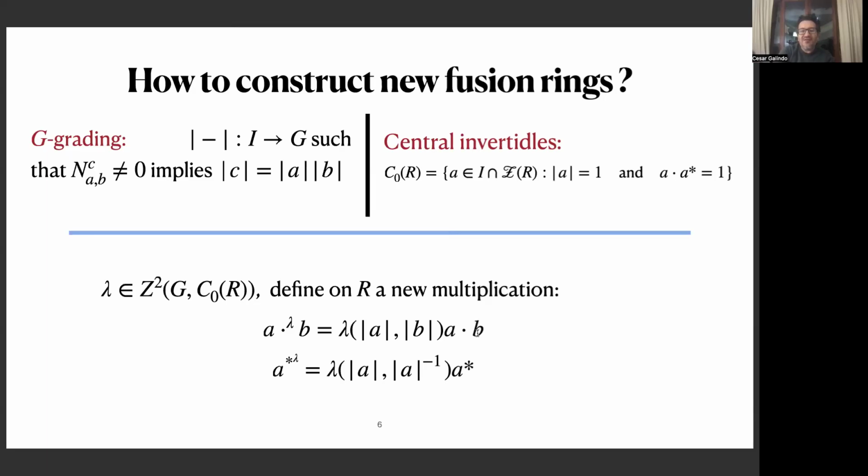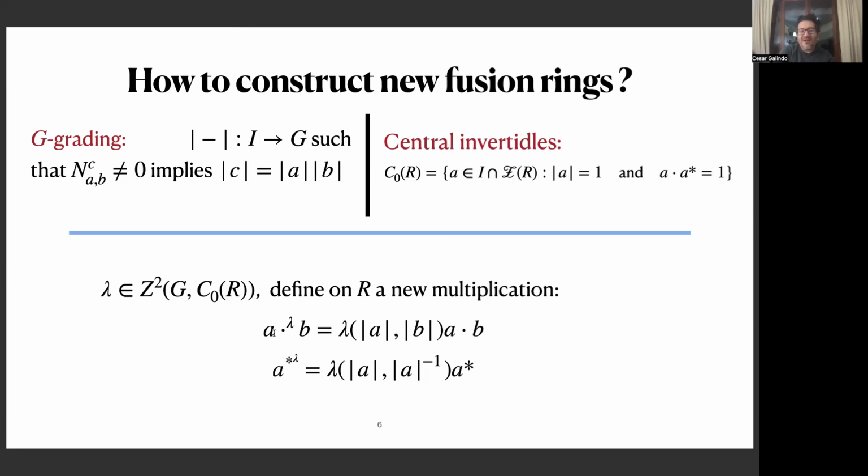It's just the old product, twisted a little bit by this invertible element, and now you can ask what are the conditions in order that this product again is associative. This is a very old condition, called the two-cocycle condition, for example in group cohomology.